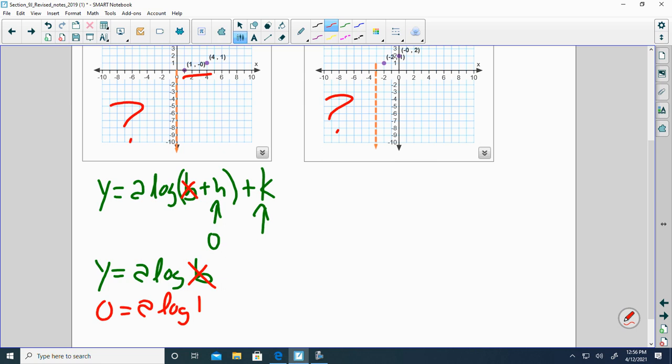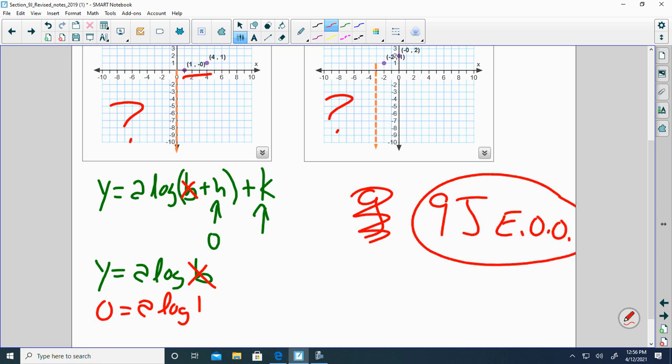I'm just kidding. What do we say we do? 9J, every other odd. So do 1, skip 3, do 5, skip 7. If that's too hard for you, just do all the odds. If that's still too hard for you, do them all. I guarantee you'll get them done. But let's see.